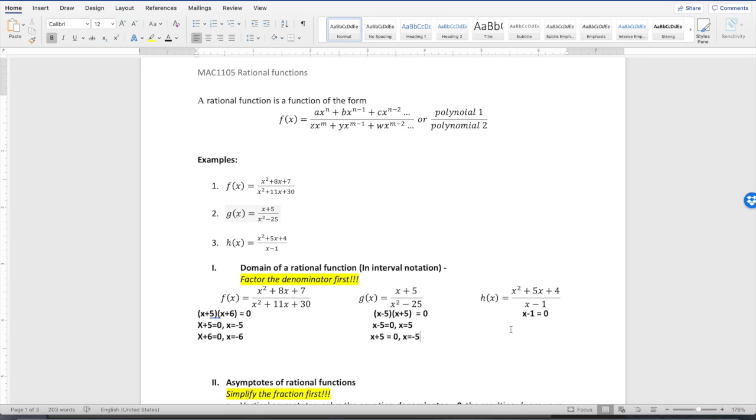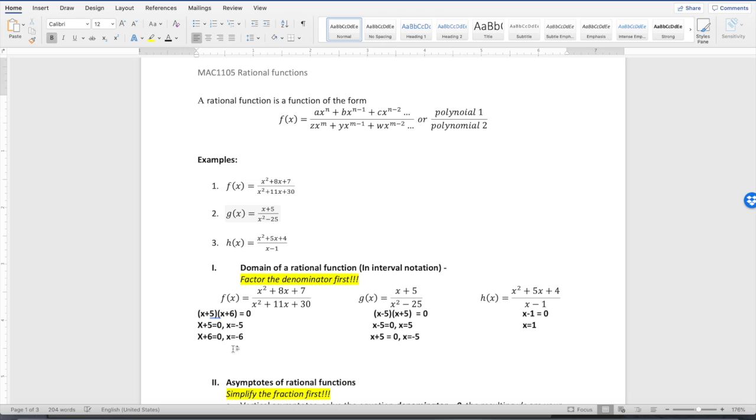Okay, now for this one here, you basically only have one factor. You don't have the other set of parentheses, so you are just going to have one answer here: x equals positive 1. So how will these numbers that we obtained by factoring denominators and solving the equation denominator equals 0 help us to state the domain in interval notation?